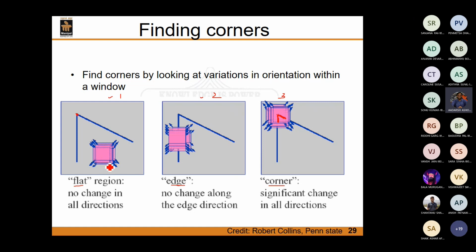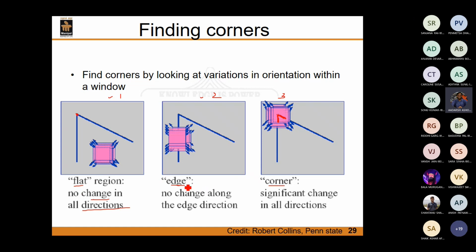It's just a uniform homogeneous region, so there is basically no gradient information, and no change in directions, because there is no gradient information. There may be some gradient if there is noise present, but in this particular image you have no gradient information. So that is a flat region.